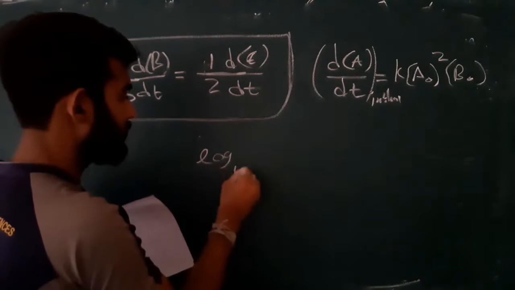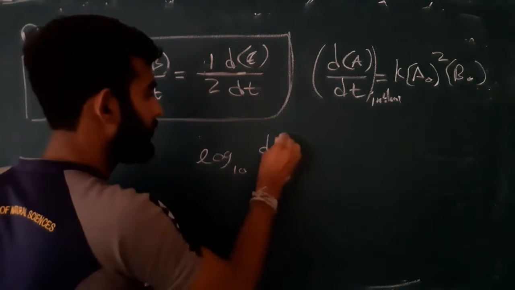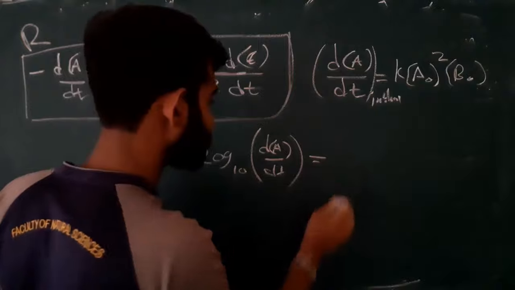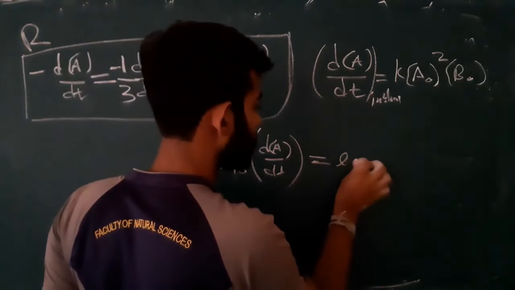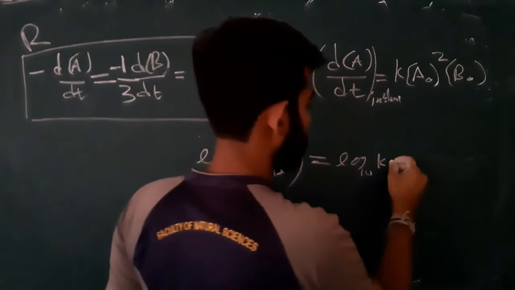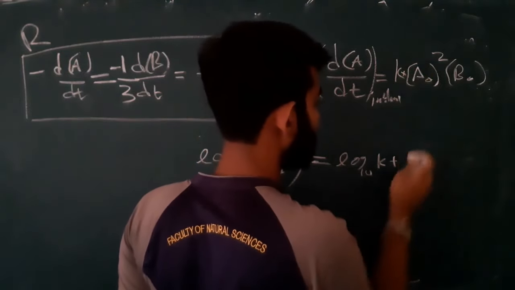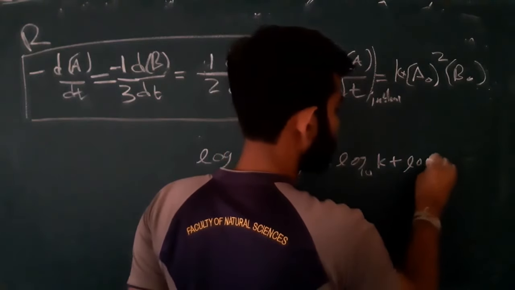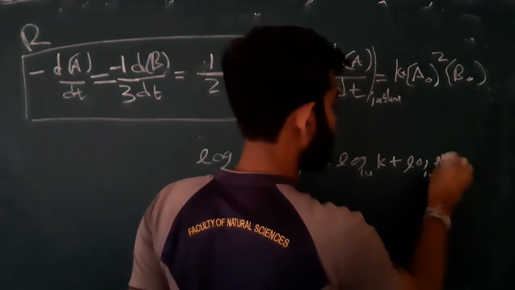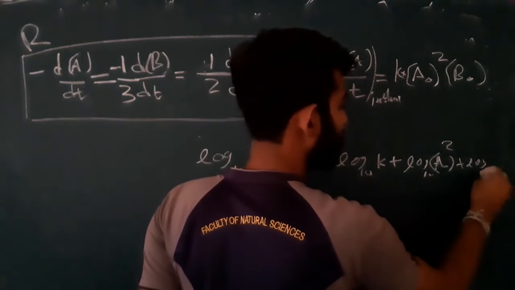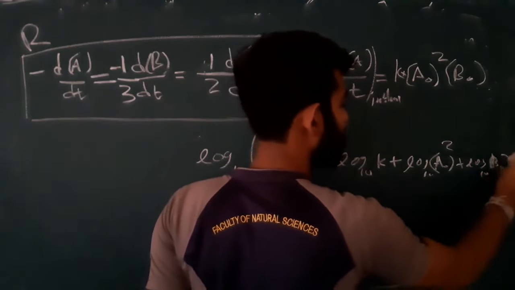Log base 10 of dA over dt within brackets equals log base 10 of k, plus, because this is a multiplication we have plus in logarithms, log base 10 of A naught squared plus log base 10 of B naught.